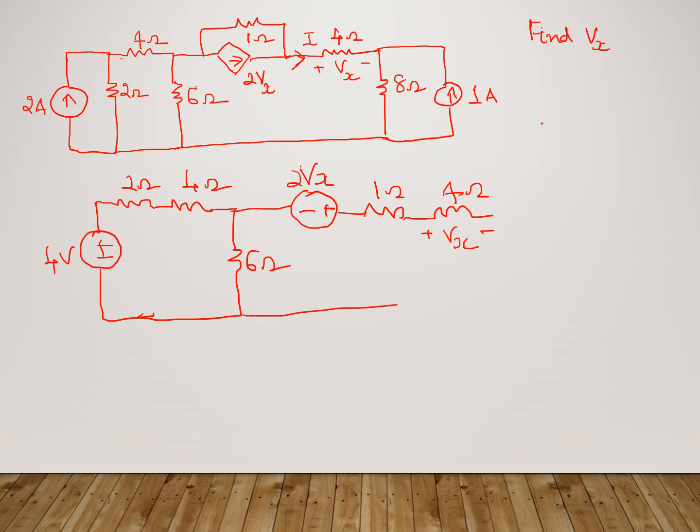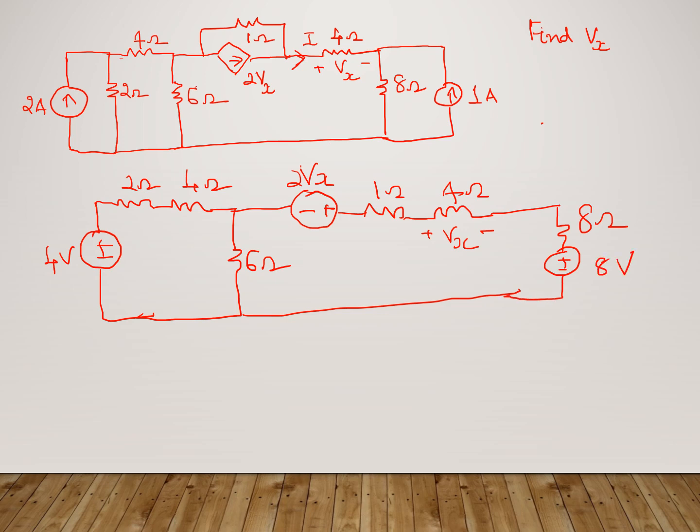And now we are coming to this part where you have 8 ohm and 1 ampere in parallel. So this is again going to be converted to a voltage source, which makes it equal to 8 volt and 8 ohm, 8 volt.